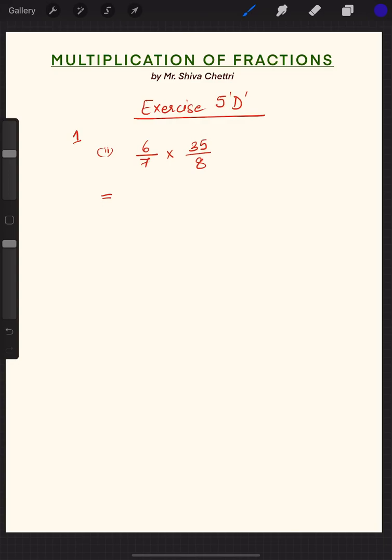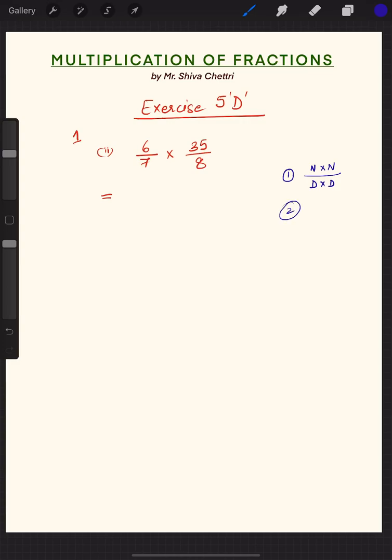So here what we do is, we'll first multiply numerator with numerator, denominator with denominator. First step.